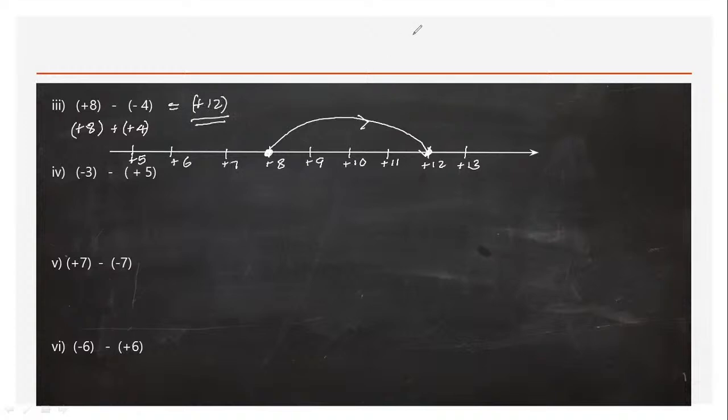Now look at the next question. Part 4. Minus 3 minus plus 5. Right. Instead of this minus, I will write the addition sign and I will write the additive inverse of this, minus 5. Now draw the number line.